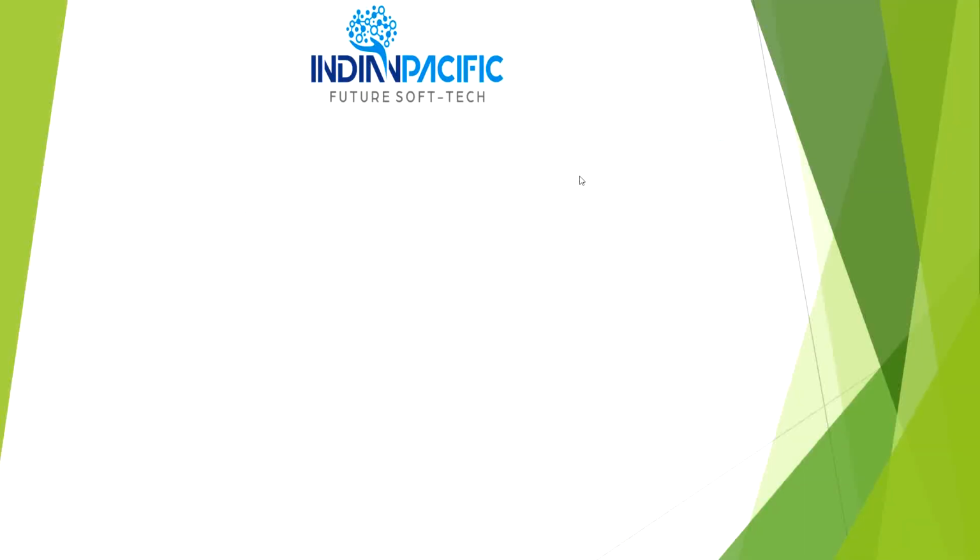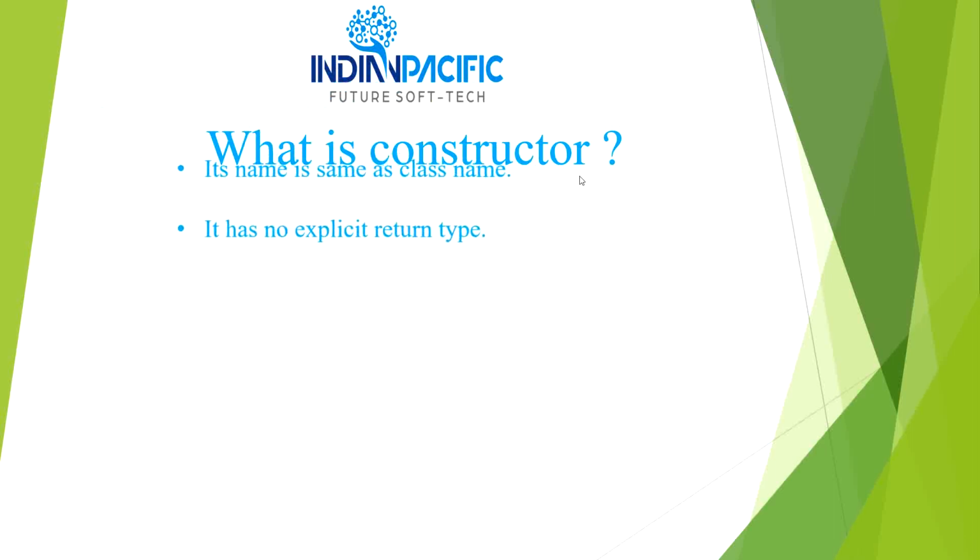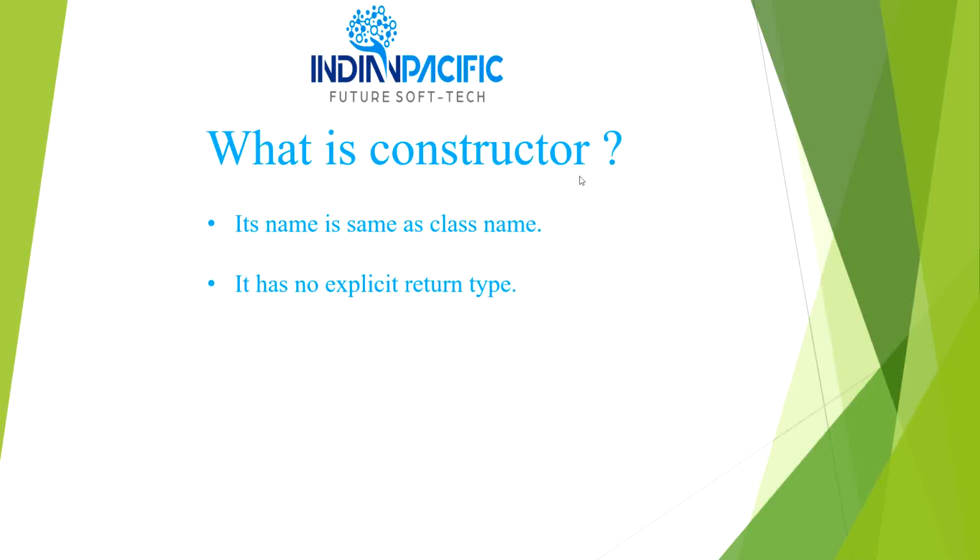Now the next question is, what is the constructor in Java? In Java, a constructor has the same name as the class name, and it has no explicit return type. We will see what a return type is when we move to the methods, but a constructor has no explicit return type.